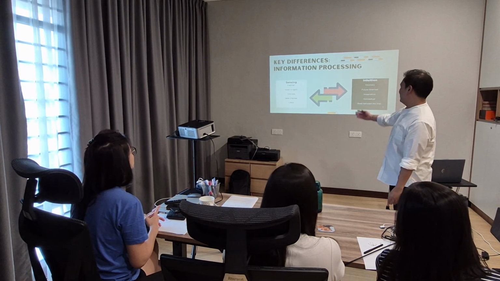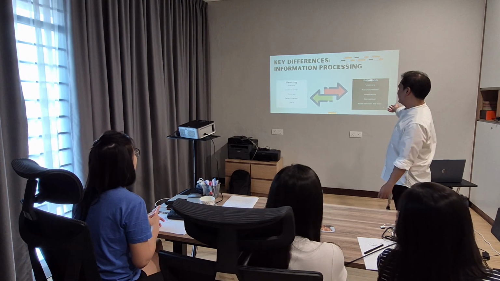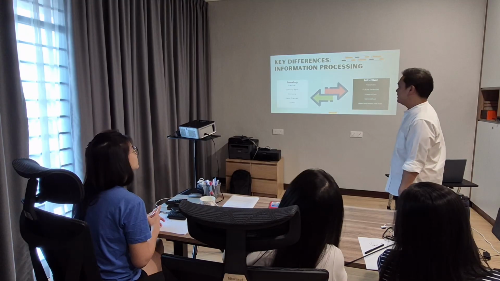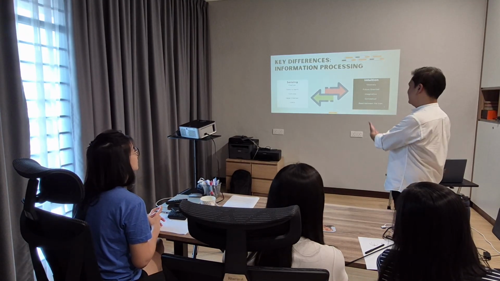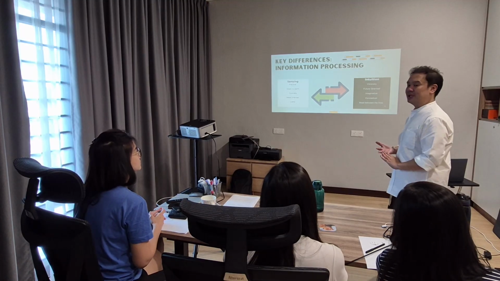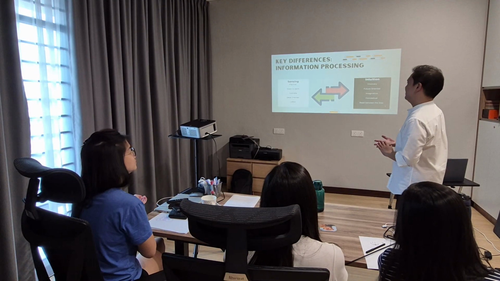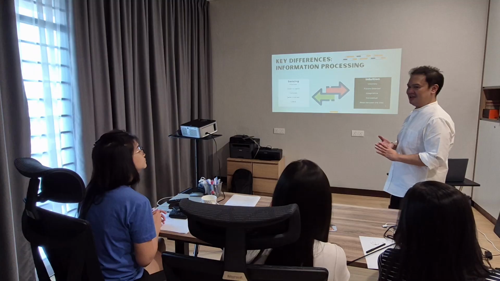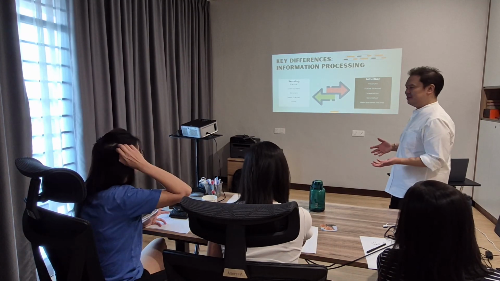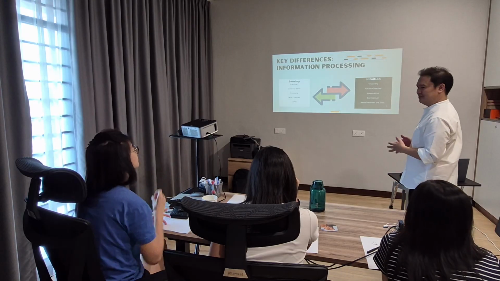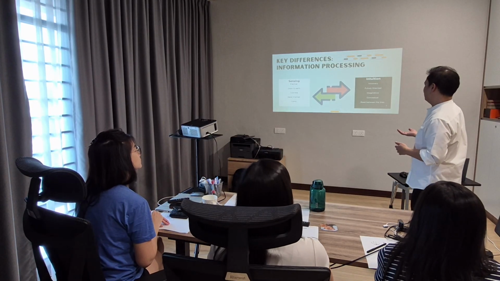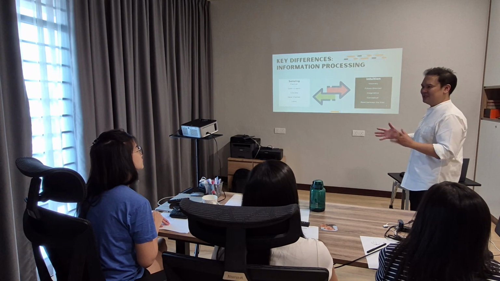Okay. So for sensing and intuition, these are the key differences when it comes to information processing. Every time information is given to someone who is more of a sensing type, they are very practical, down to earth, detail oriented, and very concrete. However, if you're an intuitive person, you are more like a visionary, you care a lot about the future, you are imaginative, and you try to read between the lines.